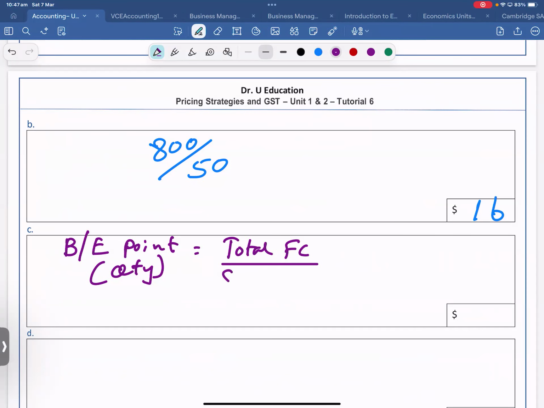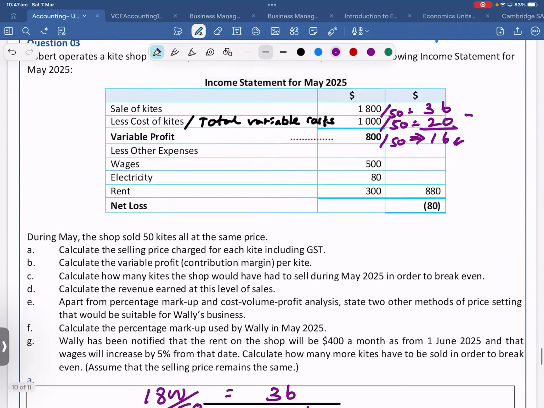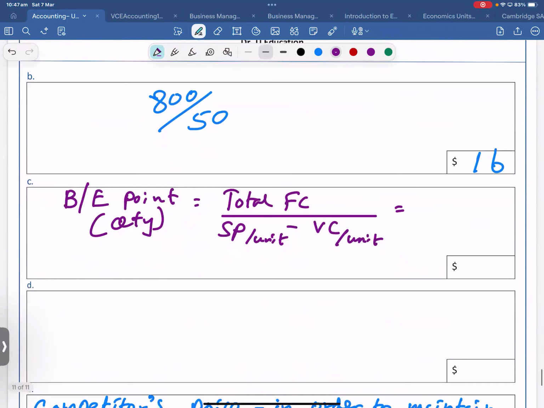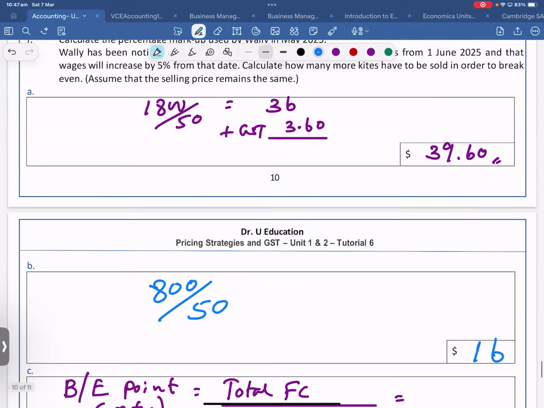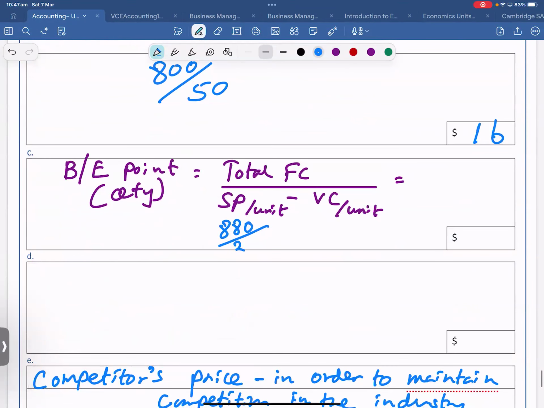Total fixed cost is 880, divided by 36 minus 16, which is 20.